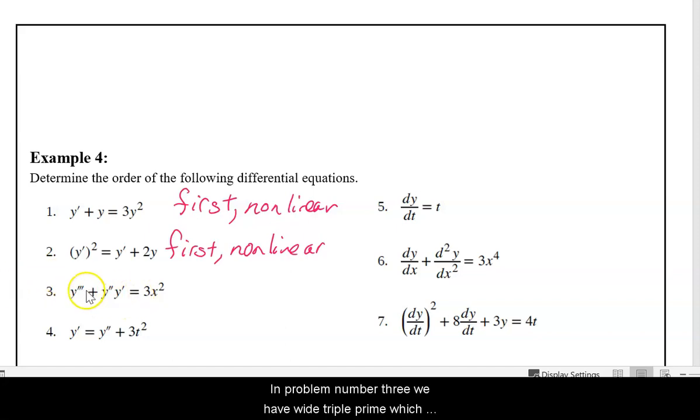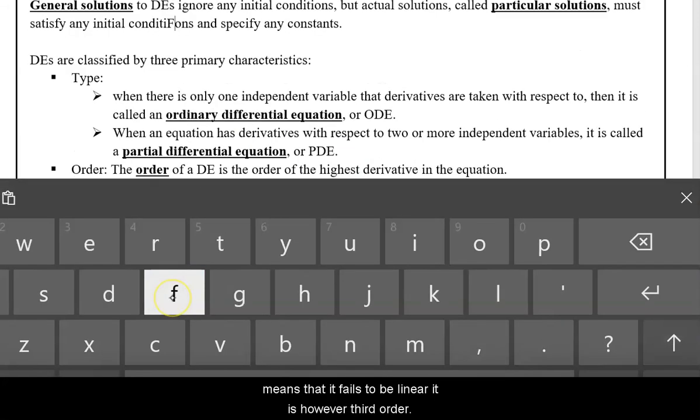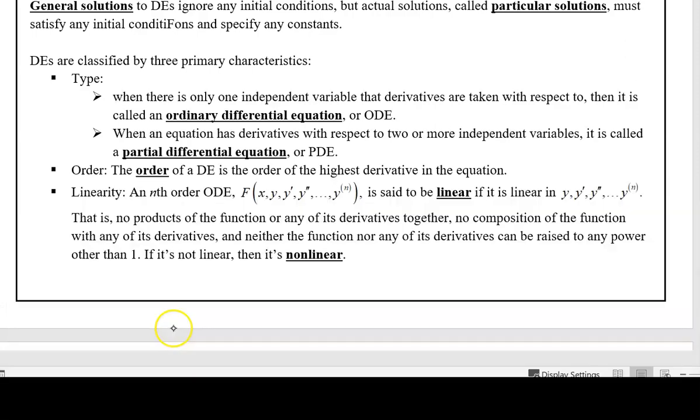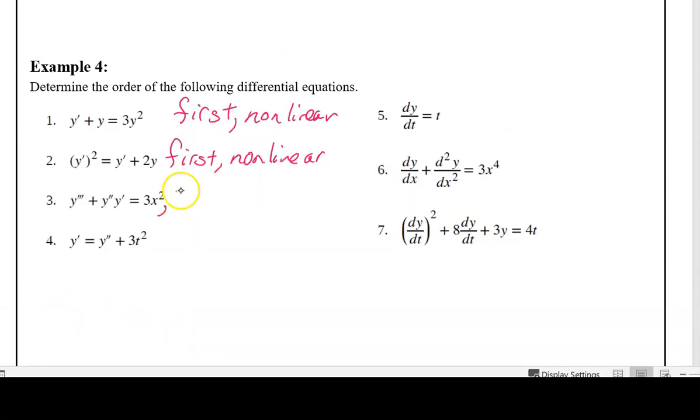In problem number 3, we have y triple prime, which means the third derivative. We also have y double prime and y prime. Note that y double prime and y prime are multiplied together. Because they're multiplied together, that means that it fails to be linear. It is, however, third order. So this becomes third order nonlinear.